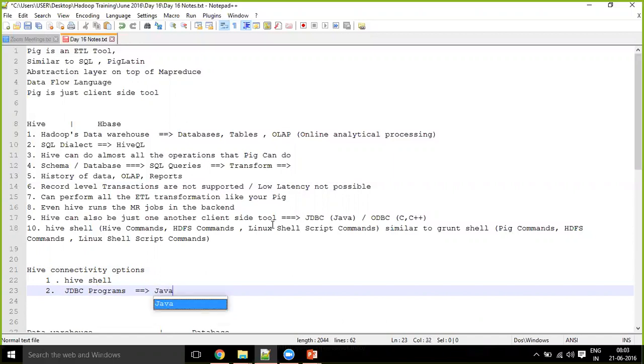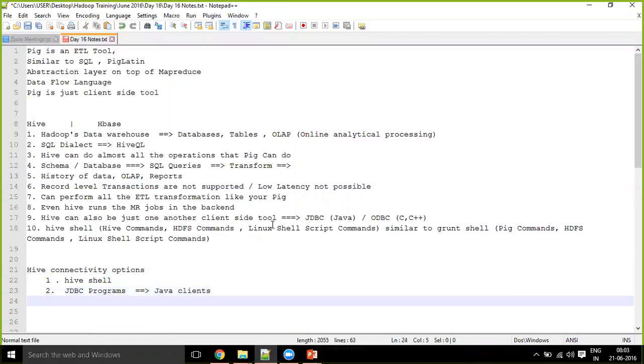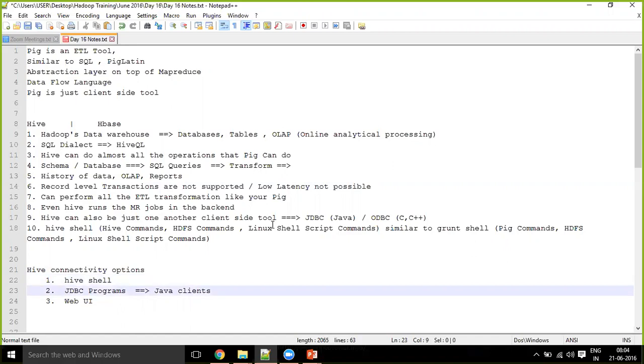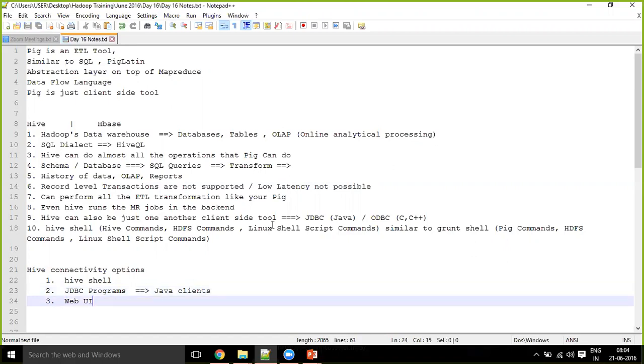And the third is the web UI, web user interface, from a web browser, exposing your databases and tables there and running your queries in the browser itself. This part we'll see in our Hue sessions. Until then, let's park this aside.